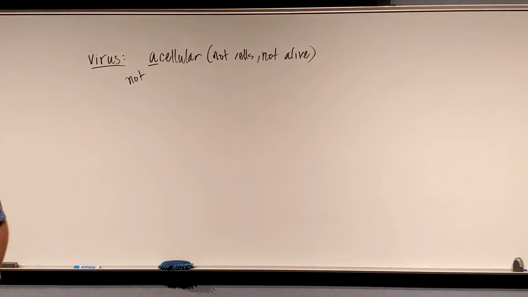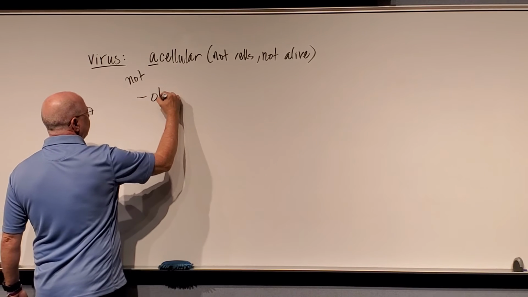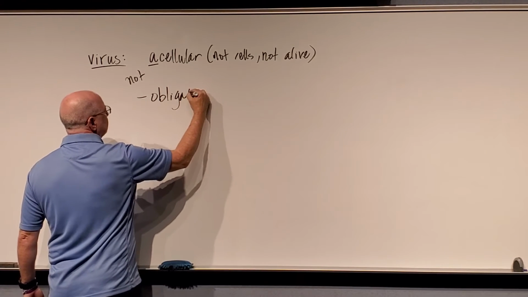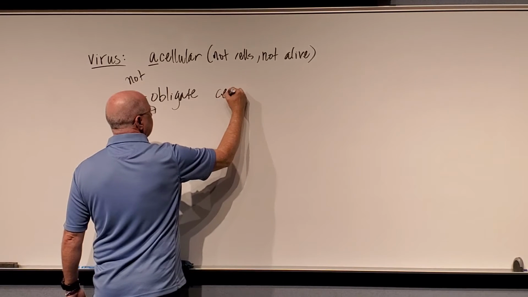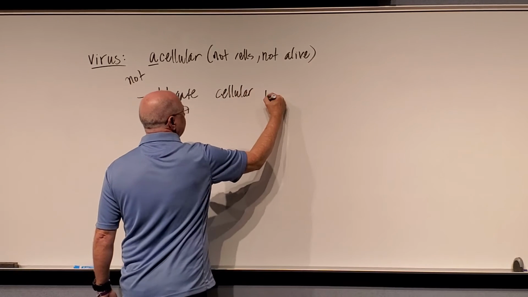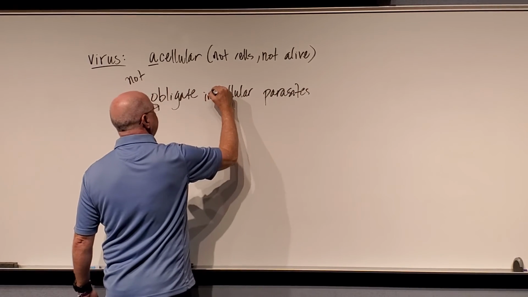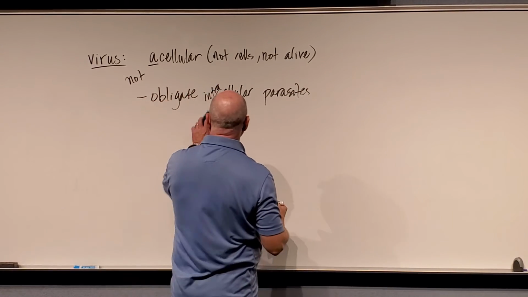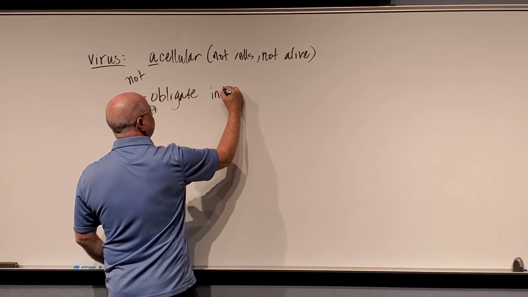Okay. Now, a few things about them. And some people refer to these, by the way, as obligate intracellular parasites. Okay, let me rewrite that. Obligate intracellular parasites. What in the world is that?